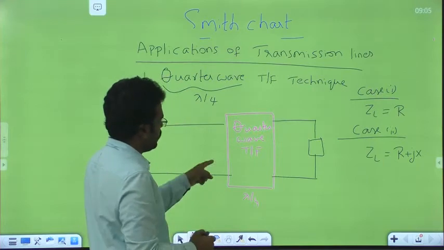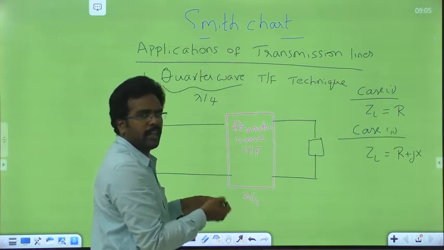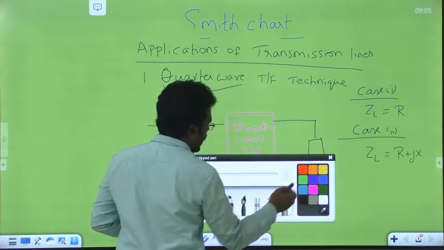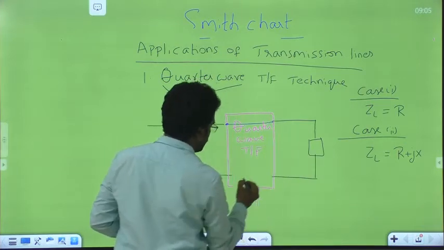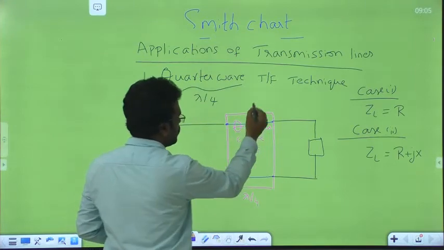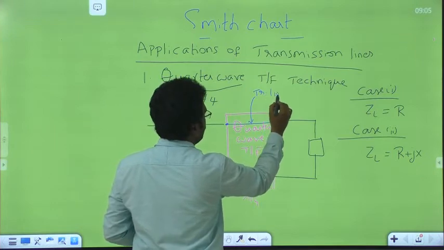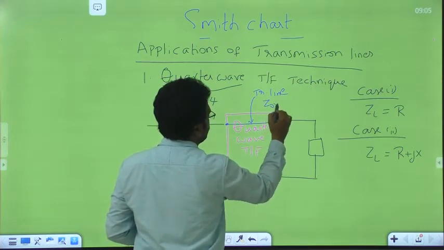Okay, so it is not a box. I have taken it as a box, but it is a transmission line. It is also a transmission line. So if you take this, it looks like this. This is also a transmission line of length lambda by 4, with the characteristic impedance Z0X.